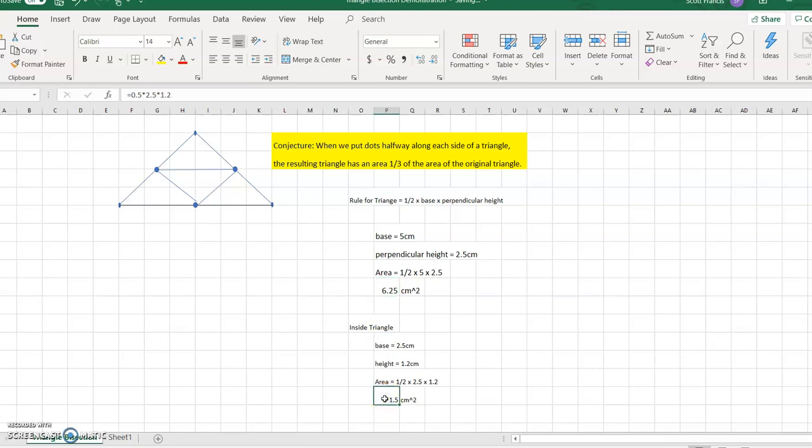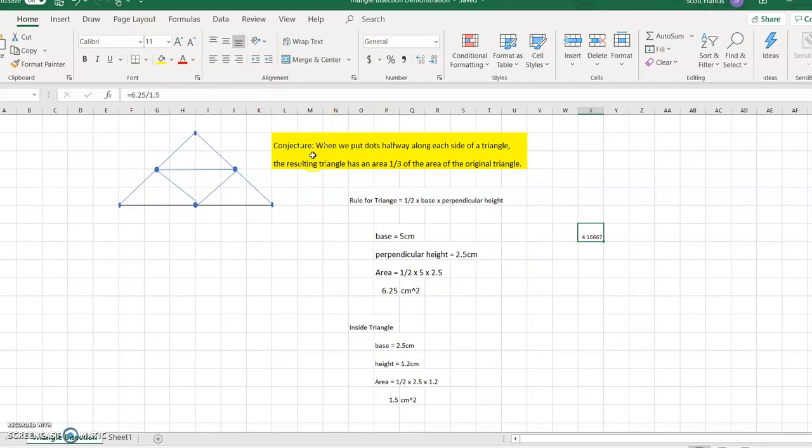It's 1.5, so that would seem to be a counterexample. We can see how much bigger the first one is than the second by saying 6.25 divided by 1.5. So it's around 4 times bigger. That would show that that conjecture is not right.